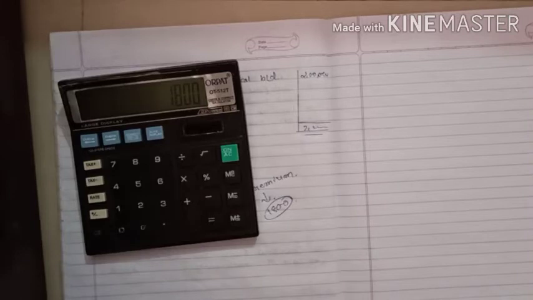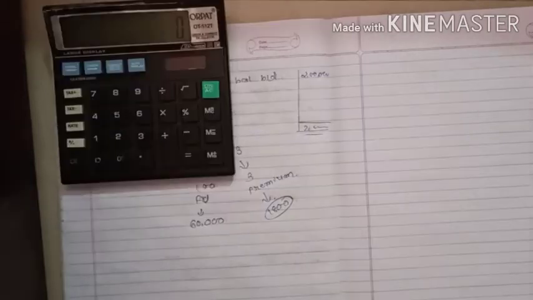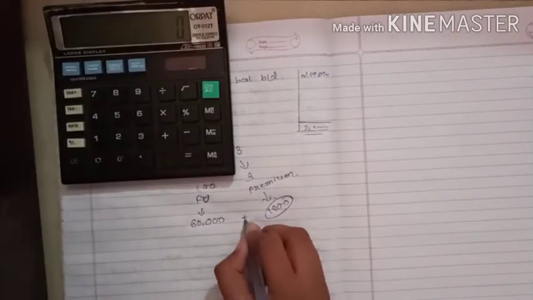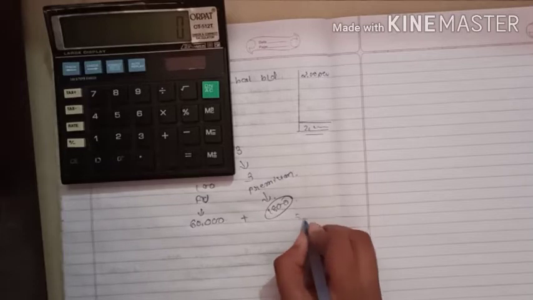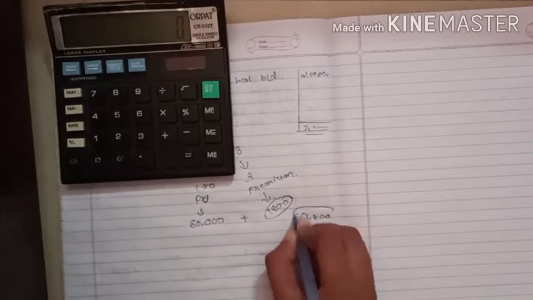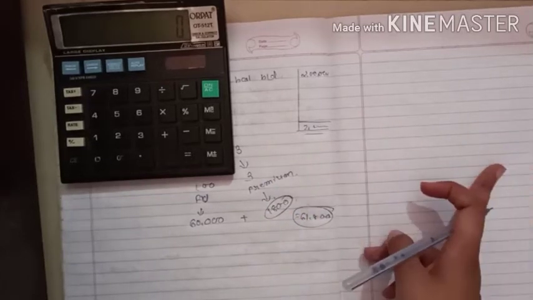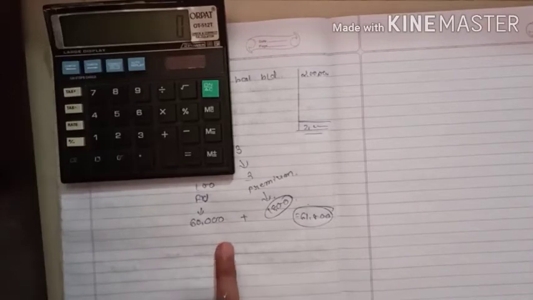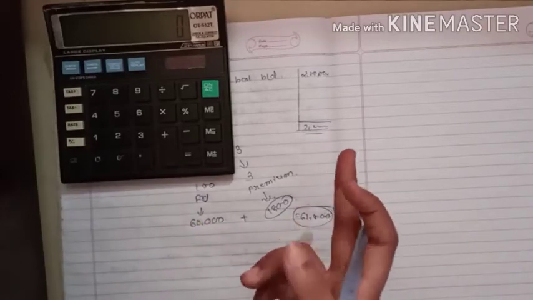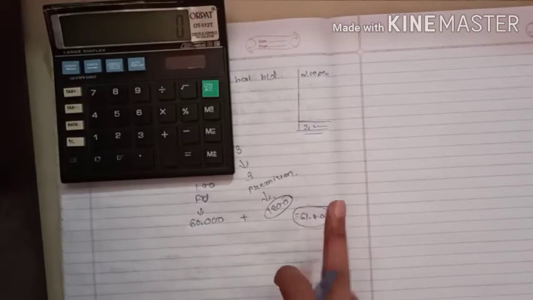That is the redeemable debentures premium. Understood? Let's see the effect of both of them. So we have paid 60,000 plus 1800, that means 61,800, to the debenture holders. We will pay back to the debenture holders 61,800.